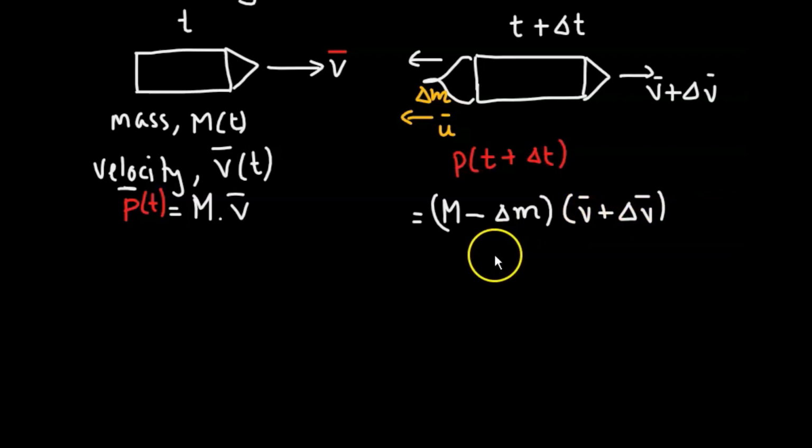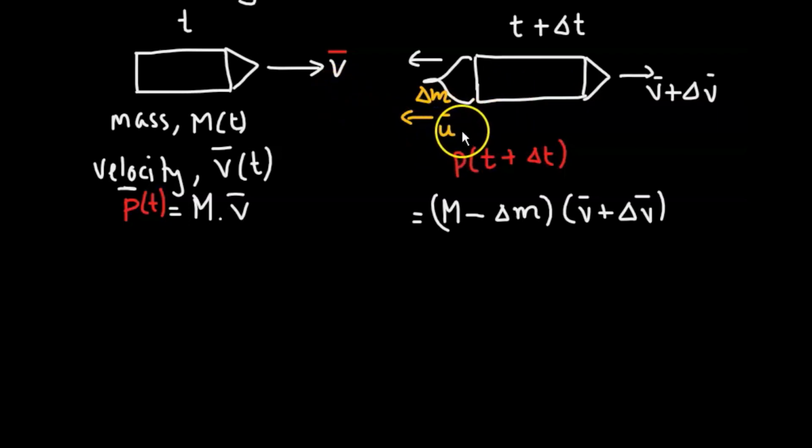We will also have another term here, which is the momentum of the fuel which has left the rocket. Since it's exhausting the rocket with a velocity of u vector, but as I mentioned, u vector is measured in terms of the rocket frame of reference, we need to measure it in terms of the inertial frame of reference.